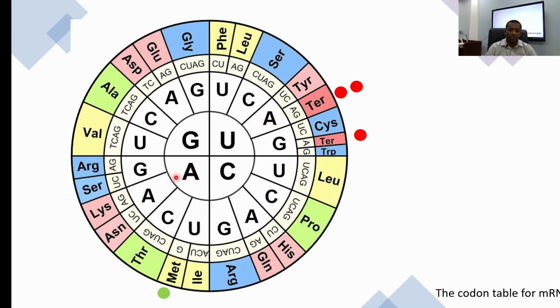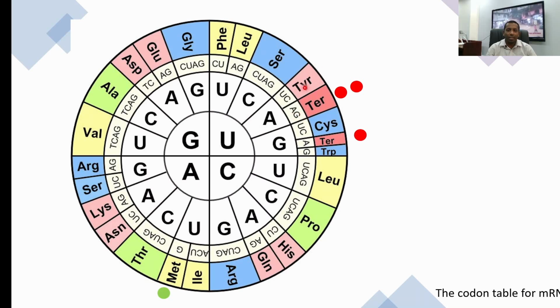For example, for the amino acid methionine, the codon is A, U, and G. Adenosine, uracil, and guanine.